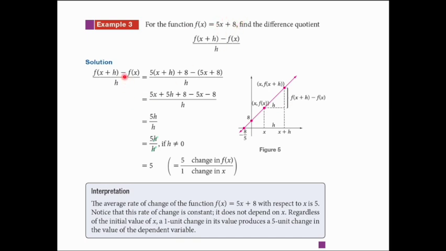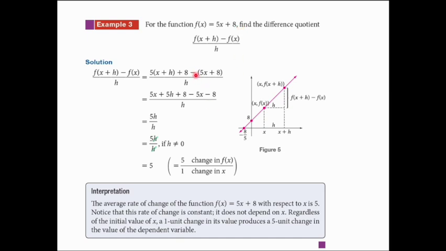Now we're subtracting f of x. F of x is just 5x plus 8. So I'm going to subtract 5x plus 8. This is very important. When you're subtracting the entire function, it's a really good idea to put parentheses around it so that you remember to distribute the minus. This minus here means you're subtracting every term in that function.